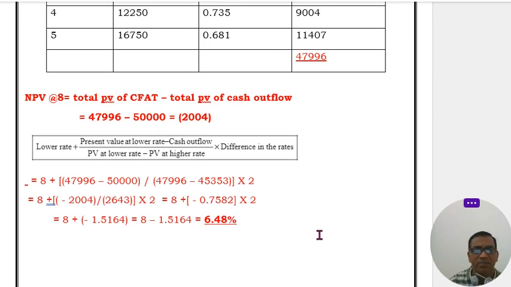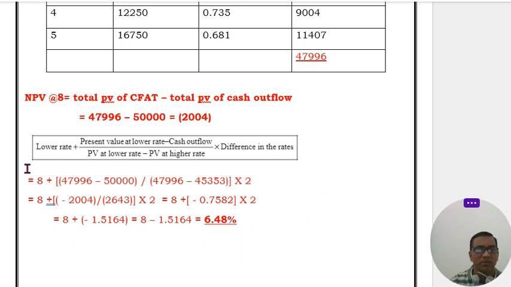Again, I calculated NPV at two different rates, 10% and 8%, and substituted the values in the interpolation formula. This is the formula which I used before also. Out of the two rates, 8% is the lower one.